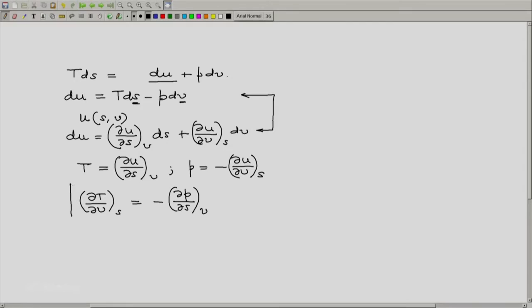Let us call this relation, which we will refer to again later, equation M1.